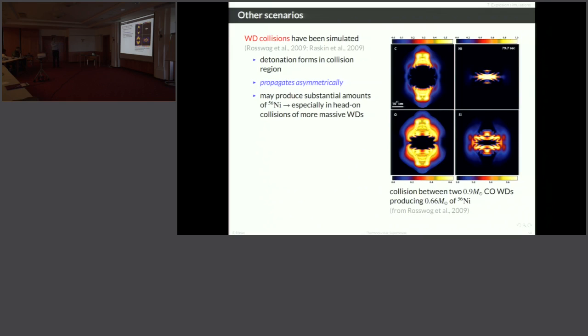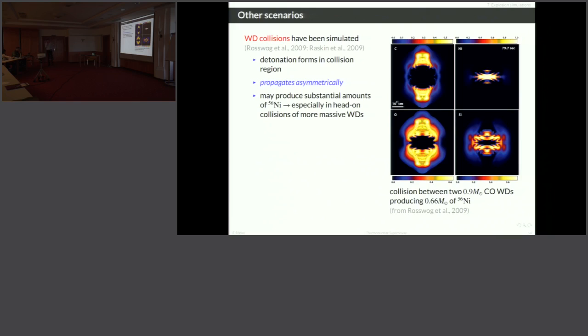We have the head-on collision of two white dwarfs in this direction here, and this is the carbon, nickel, oxygen, and silicon produced in the detonation. You see that the nickel-56 that's produced here has a very oblate shape. This is where the collision gives rise to the strong compression of the material. So that's a prediction of these models.